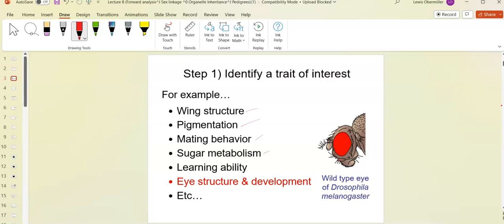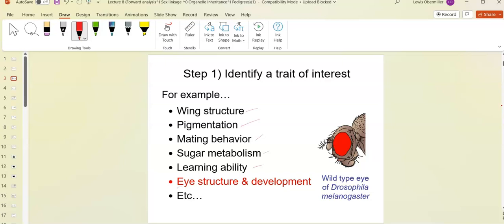Maybe you're interested in their metabolic pathways. How do they break down sugars? Fructose, glucose, galactose, whatever. Maybe you're interested in, do these genes increase your intelligence or your ability to learn?